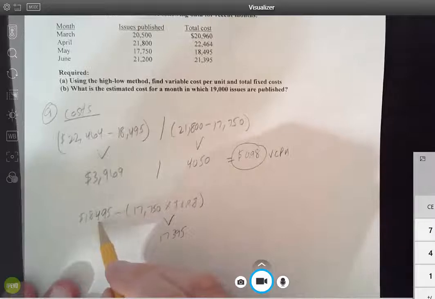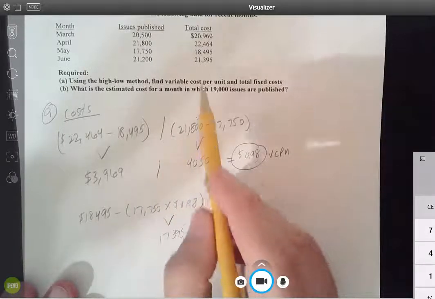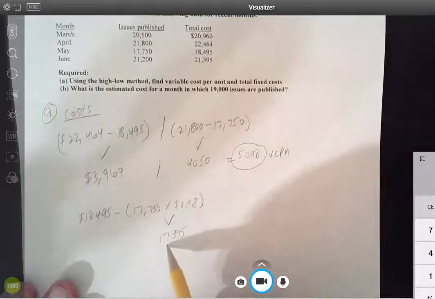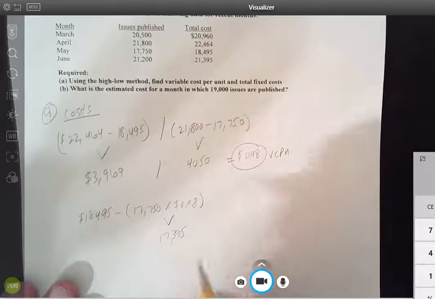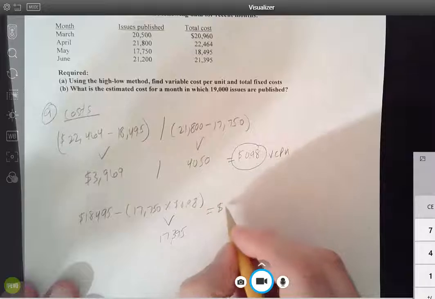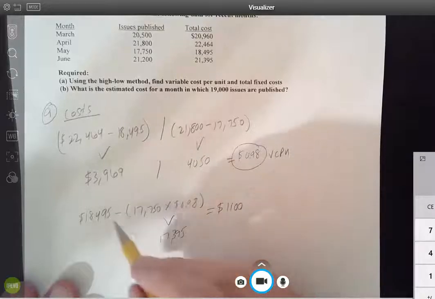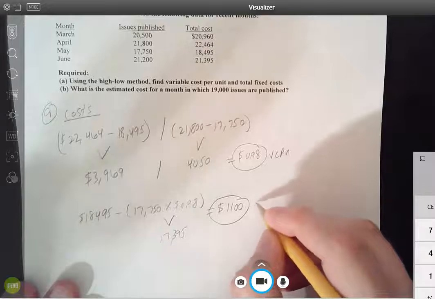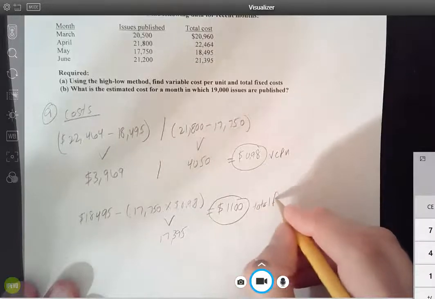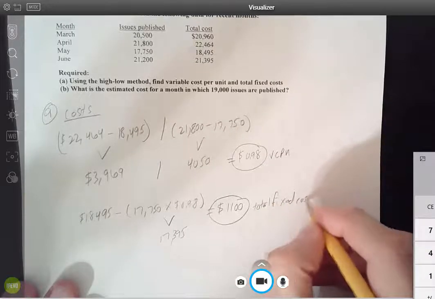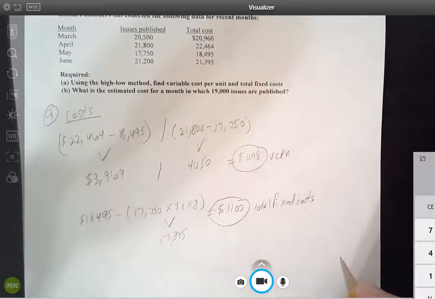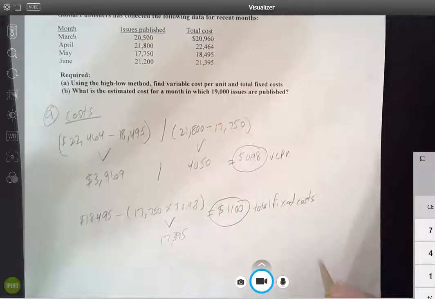And if we take the 18,495 low month cost and we subtract from that 17,395, we're going to come up with $1,100. And this is our total fixed cost.